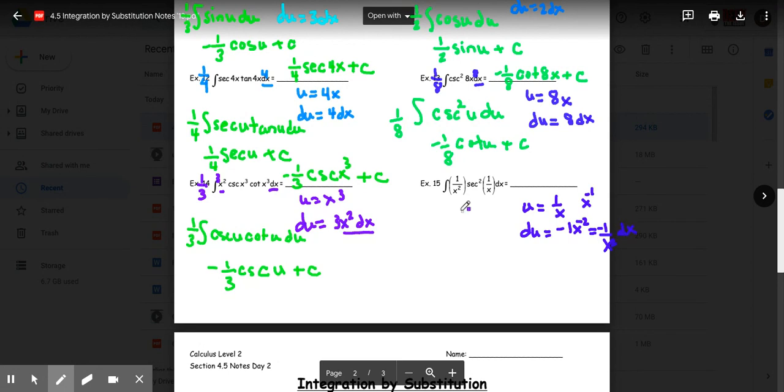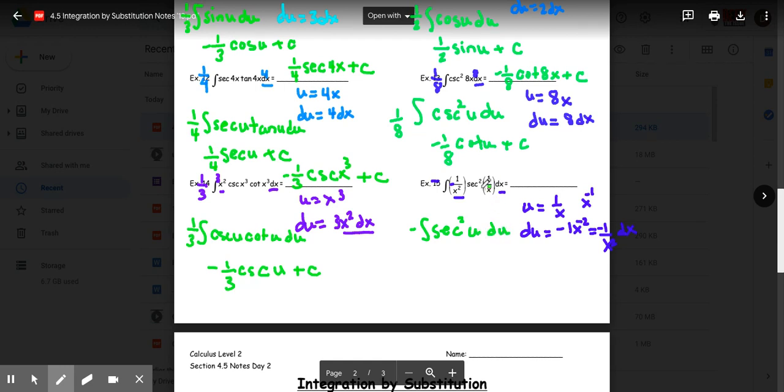Well, look at this. 1 over x squared dx is already in the problem. That's how you know you picked the right u. You just need to throw in a negative. And if I throw in a negative on the inside, I'm going to throw in a negative on the outside to compensate. So what I have here is negative the integral of secant squared of u, and the rest of it is du, right?